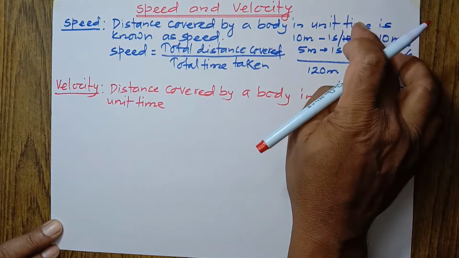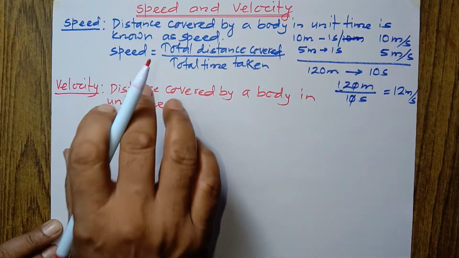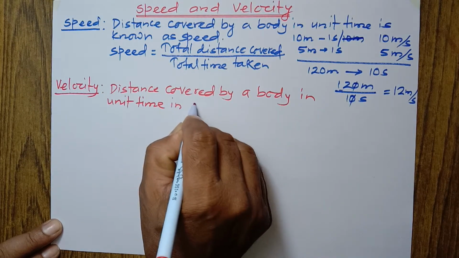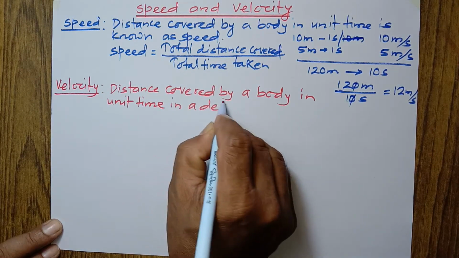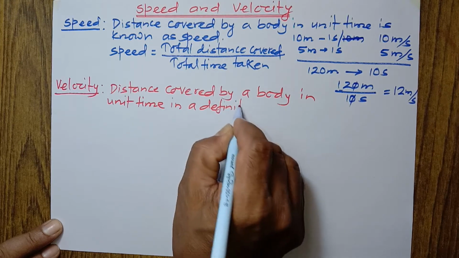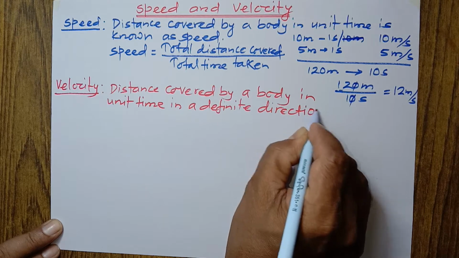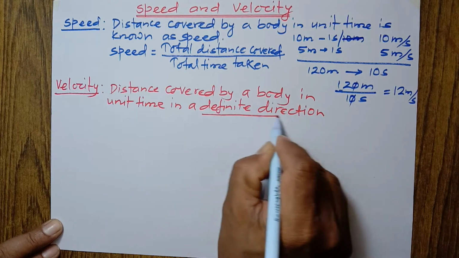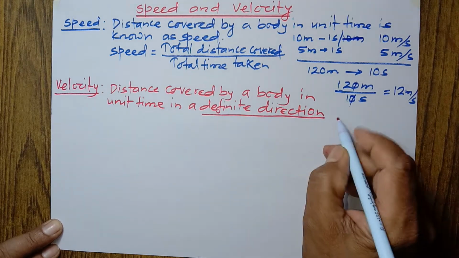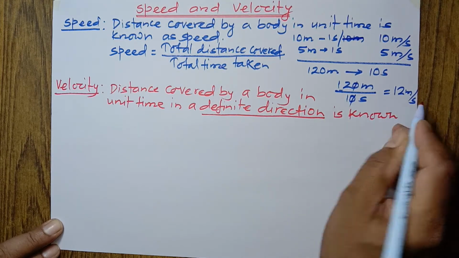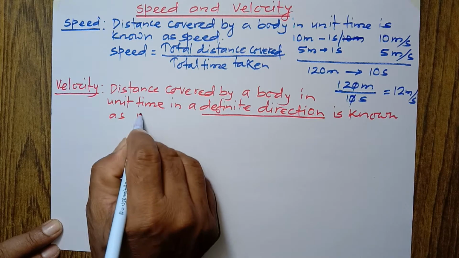Till now this definition is the same, but distance covered by a body in unit time in a definite direction. Look at this twist. A definite direction is told. Distance covered in a definite direction is known as velocity.